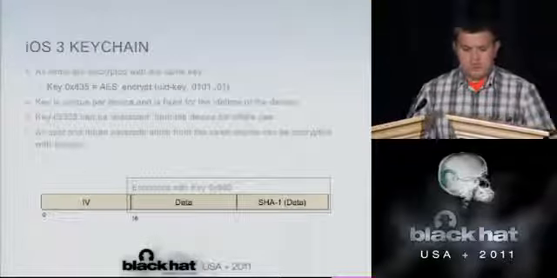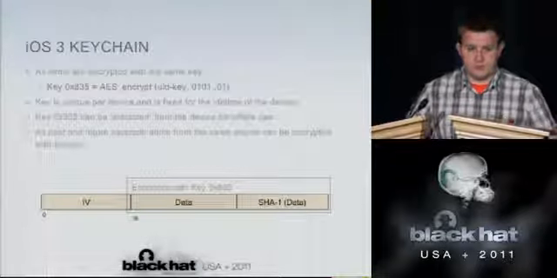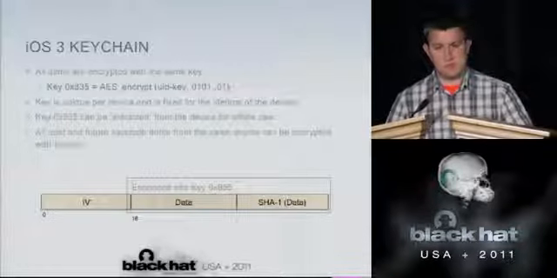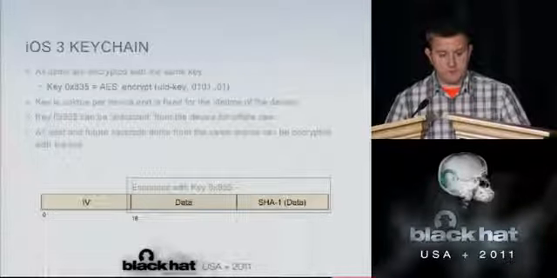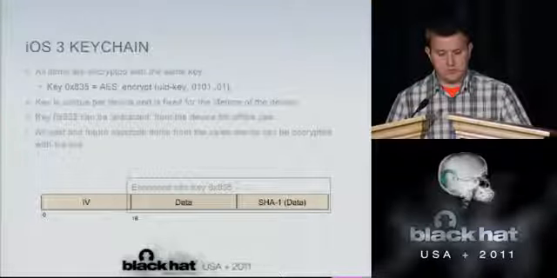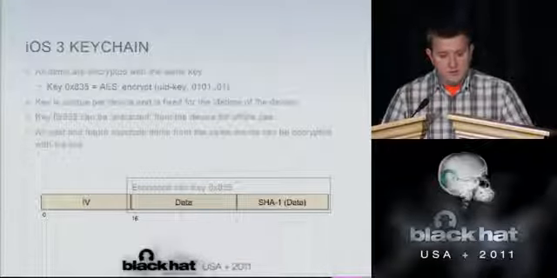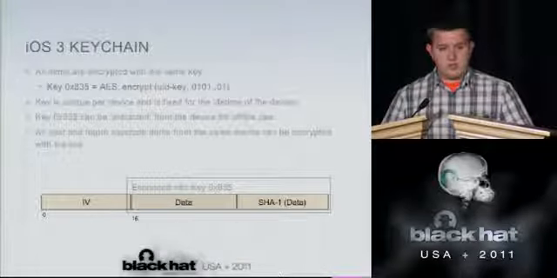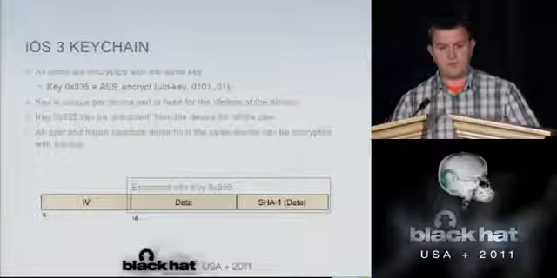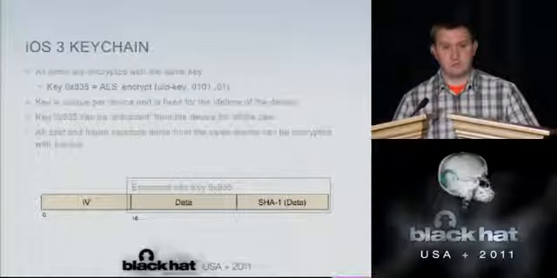The keychain is a system-wide storage for secrets like passwords. On iOS 3, all items in the keychain were encrypted using the same key. The key is known as the SecurityTube key, or key 835 hex. The problem with this approach is that this device key is fixed, constant for the lifetime of the device.